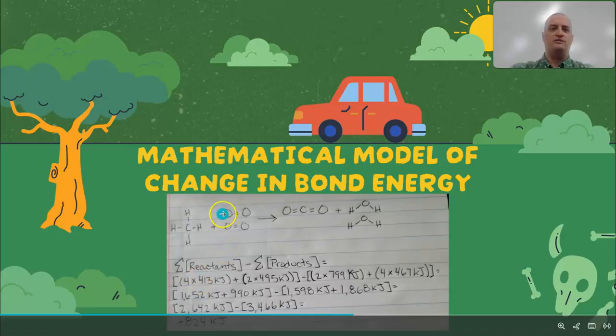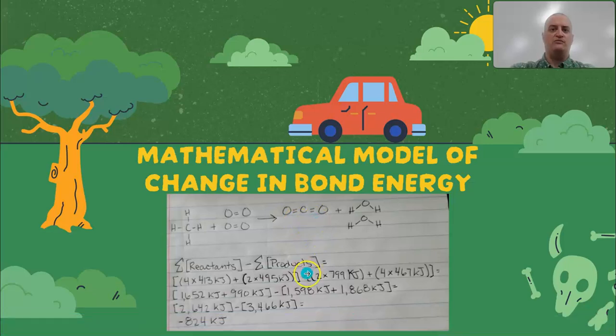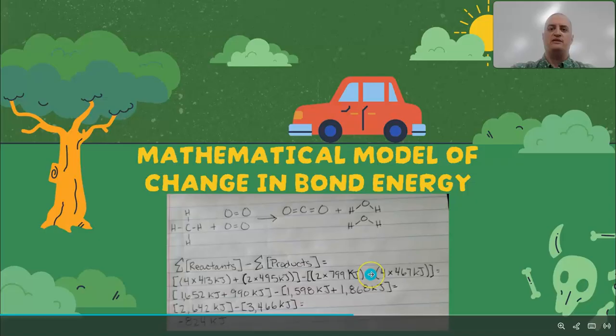We have 2 double-bonded oxygen. From the chart, those are 495 each, and there are 2. Minus carbon dioxide has 2 bonds of CO, 2 times 799. And there are 4 total oxygen-hydrogen bonds at 467 each, times 4.